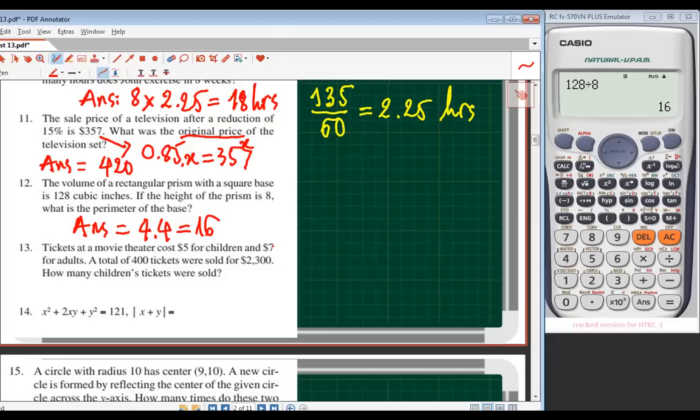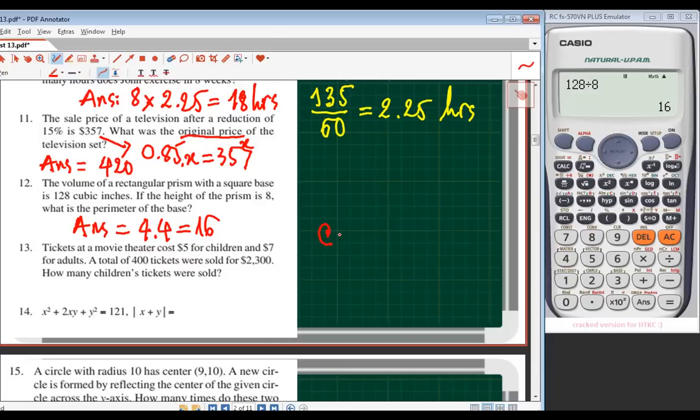How many children's tickets were sold? We put the number of children tickets as C, and the number of adult tickets as A.